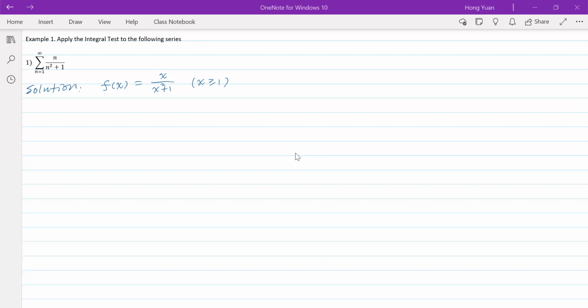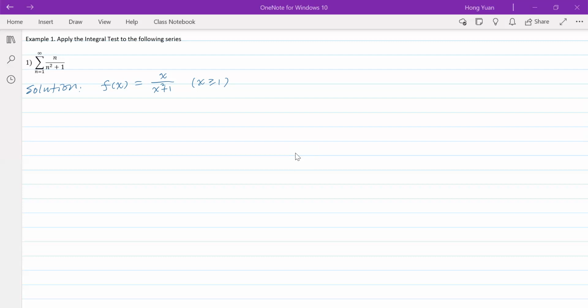What are the 3 conditions? First, f of x is positive. Second, f of x is continuous for all x greater than or equal to 1. Third, f of x is decreasing on this interval.